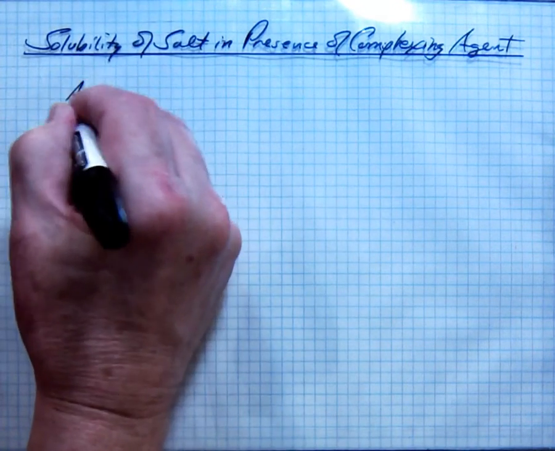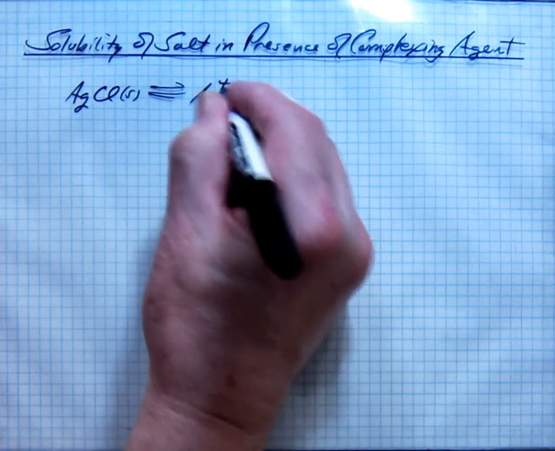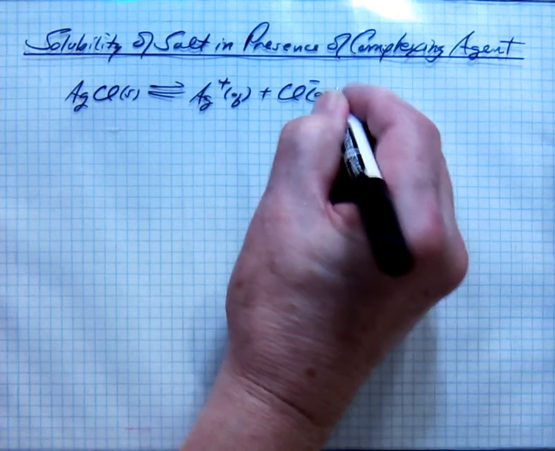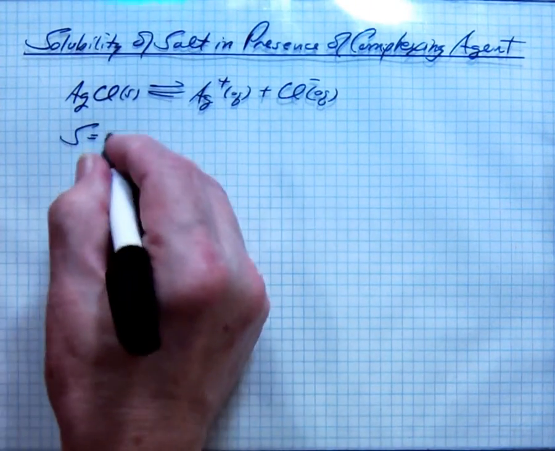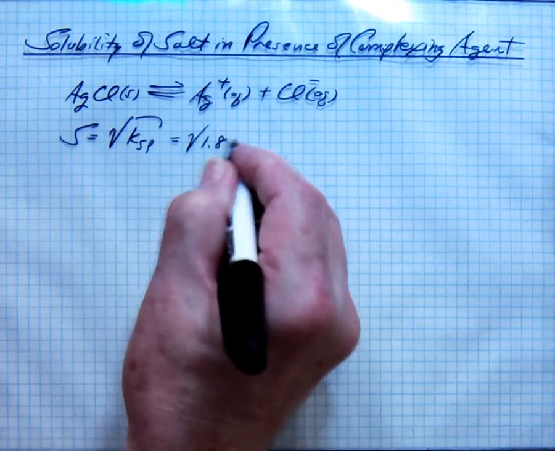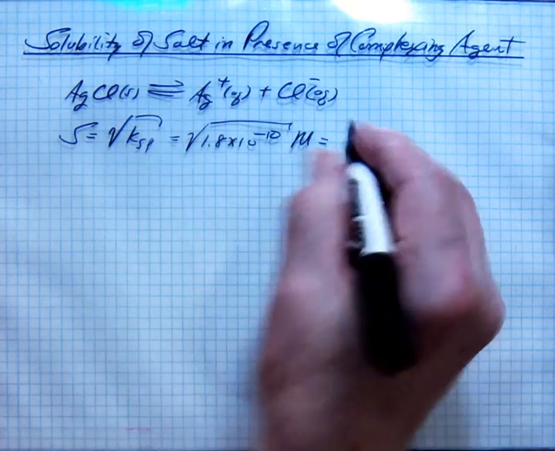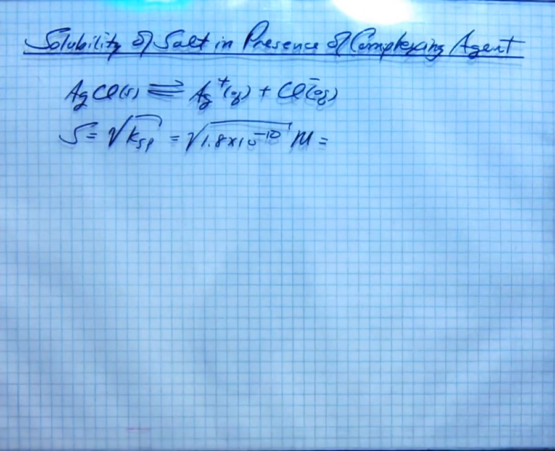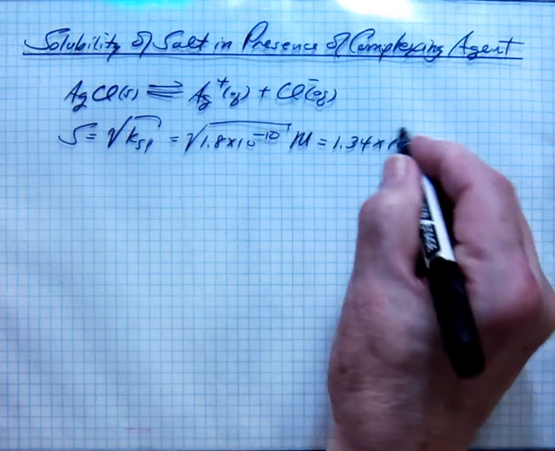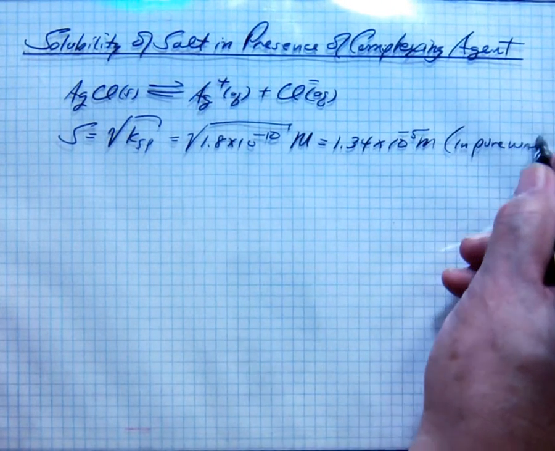An example would be silver chloride. It typically goes to silver and chloride ions. Its solubility is the square root of KSP in pure water, which is the square root of 1.8 times 10 to the minus 10 molar, and silver and chloride ions, which is 1.34 times 10 to the minus 5 molar in pure water.